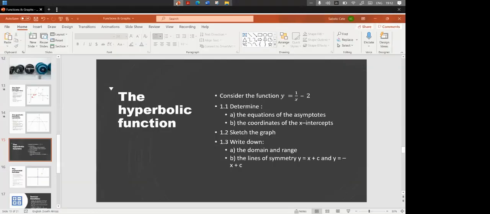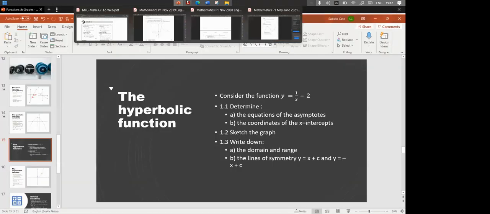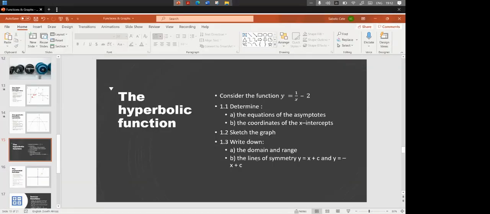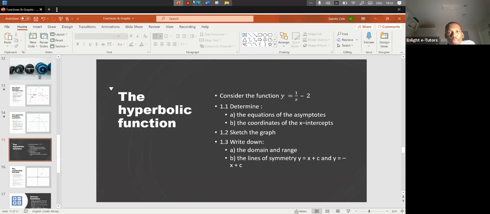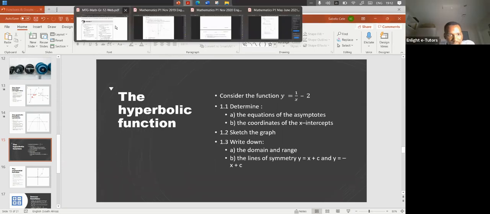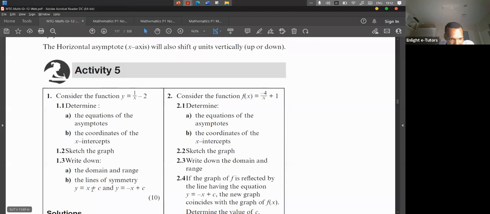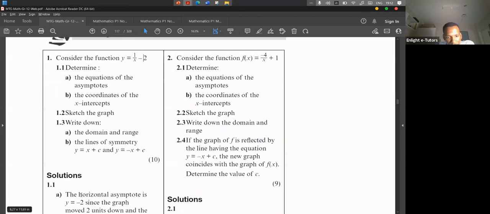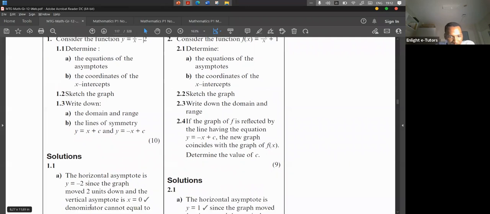Yeah, you can try. Because there is no value added to x, the first asymptote is going to be x equals 0. The second asymptote is going to be y equals negative 2. The horizontal one is y equals negative 2. You understand? Yes.